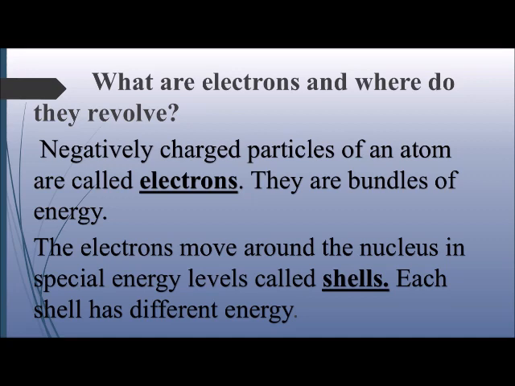They are bundles of energy. They move around the nucleus in special energy levels called shells. Why do we call them energy levels? Because each shell, each path, has different energy than the other. That is why each shell can also be called an energy level.